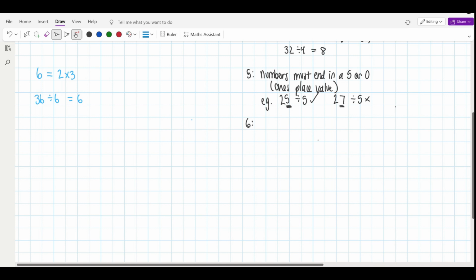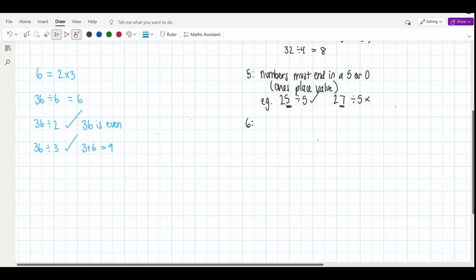But if we wanted to just check if 36 is divisible by 6, we could first check if 36 is divisible by 2, which it is, because 36 is even. And we can check if 36 is divisible by 3, which it is, because 3 plus 6 gives us 9. Therefore, because it's divisible by both 2 and 3, it's divisible by 6.